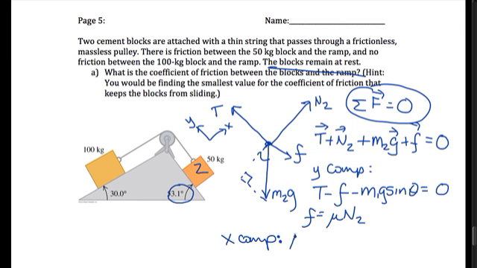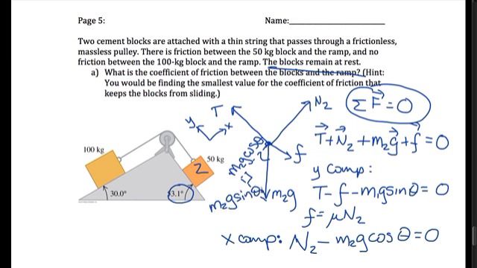The x components tell us that the normal force minus this component here, which is M2G cosine theta, equals 0. So here we put this in for this F. Let me just write on here. M2G cosine theta, and this one is M2G sine theta, where theta is this angle right here.